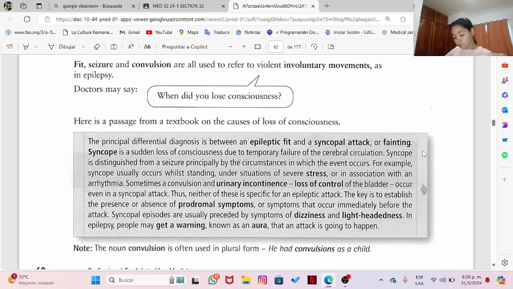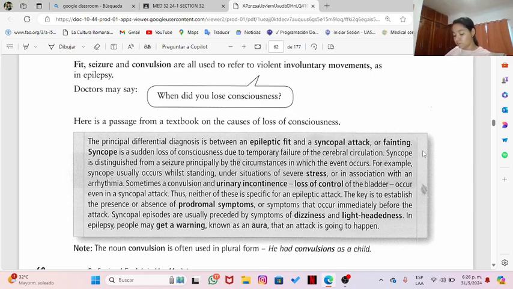The principal differential diagnosis is between an epileptic fit and a syncopal attack or fainting. Syncope is a sudden loss of consciousness due to temporary failure of the cerebral circulation.